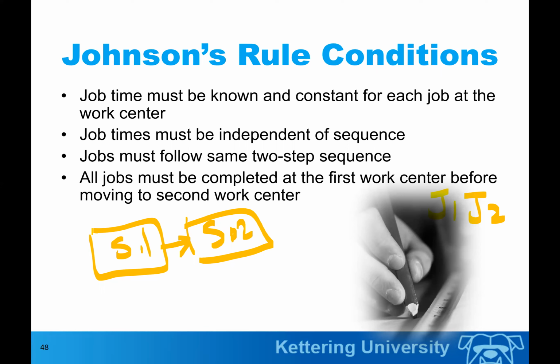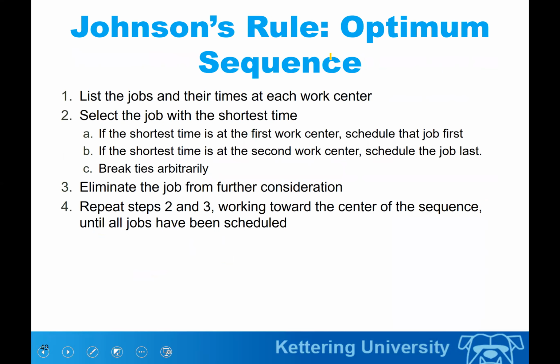So when job 1 is in station 1, first make sure that you complete the processing. You're not going to send an incomplete job to the next station. First complete the job in the first station and then send it to the next. So this is called Johnson's algorithm. There is an algorithm with three steps for that.